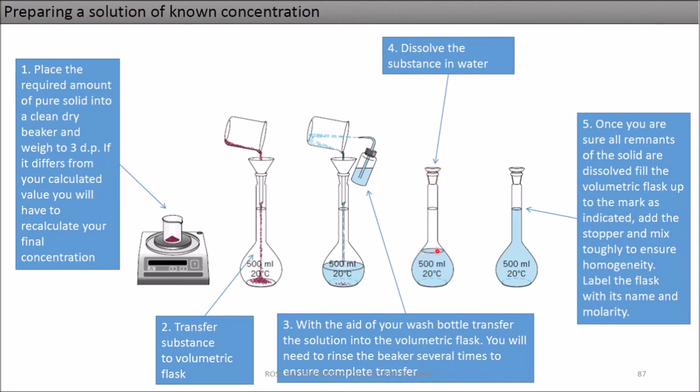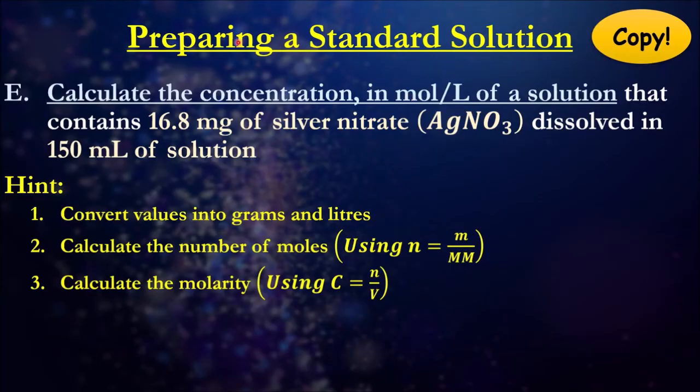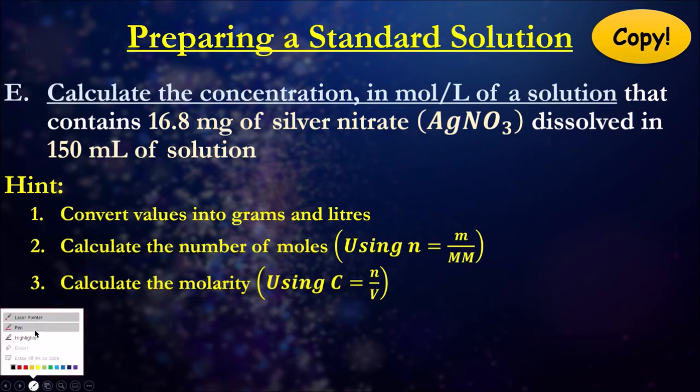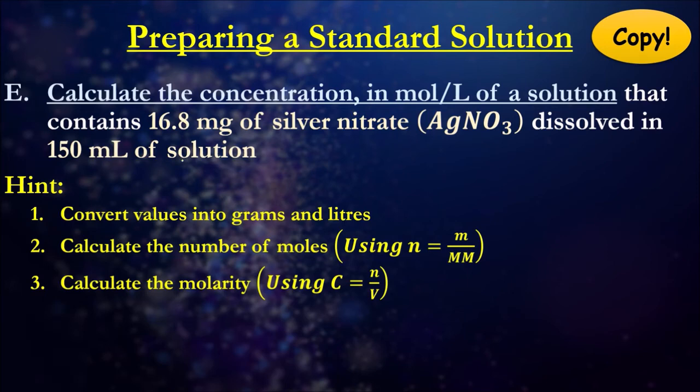Make sure you dissolve the solids evenly in the liquid. You can just invert it, and then you pour it up to where the marked line is. So these are the steps for how to prepare a standard solution. I'm going to go through it right now.